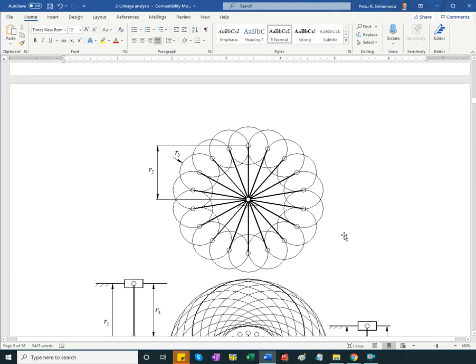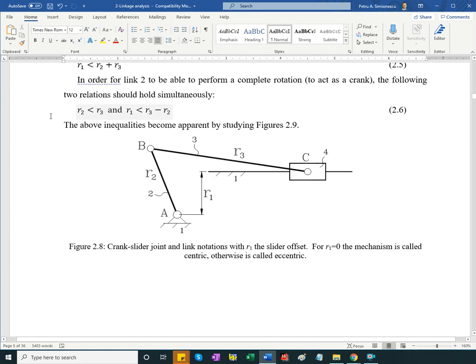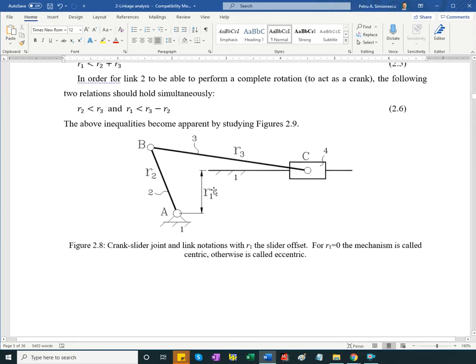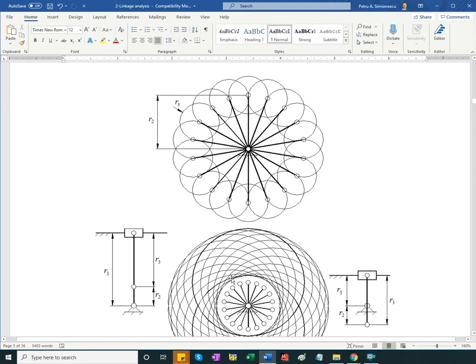And for the first requirement, R2 being less than R3, you can look here at, so assuming that R2 is longer than R3, I show a family of array of positions. And then this would be the locus of the piston pin, and I cannot draw a horizontal line corresponding to the line of sliding of the piston that is going to intersect all circles. So no possibility of full crank rotation.